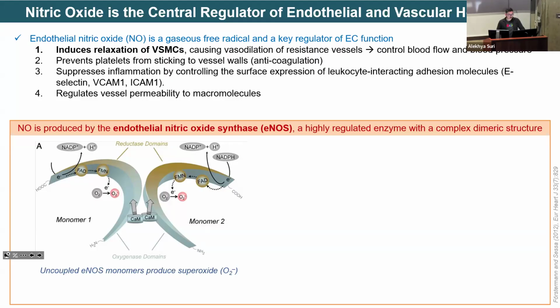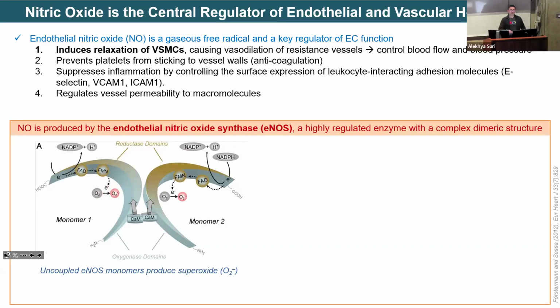Something that's important to mention is that when these monomers, these 2 eNOS molecules, are close but not coupled, the enzyme actually leads to the production of superoxide, which is a free radical that's kind of toxic for the cells.